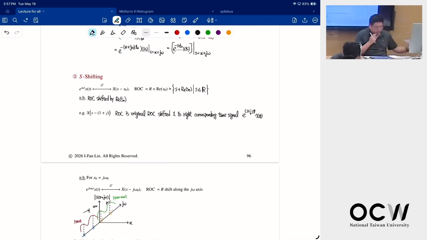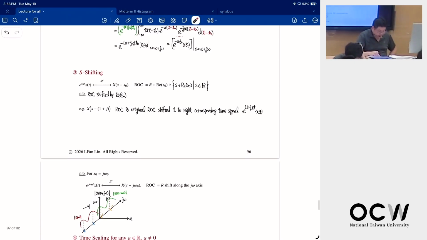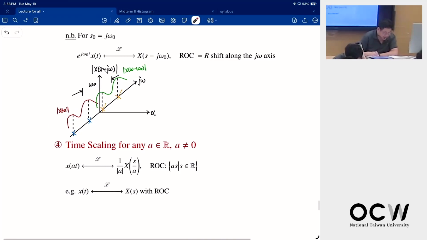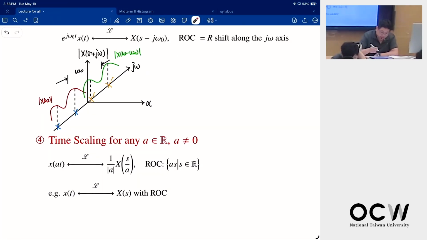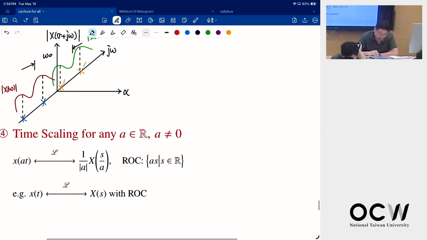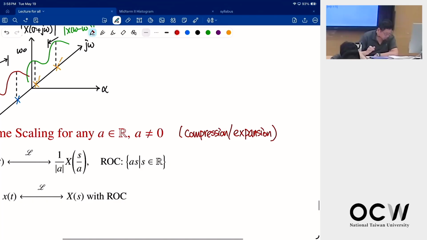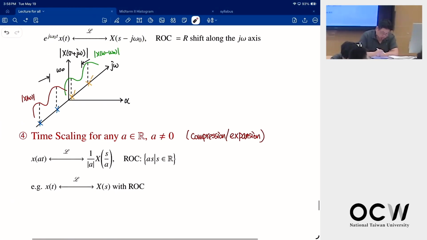All right. Next, time scaling. We do a compression or expansion. So if I multiply t by a, a could be greater than 1, or less than 1.